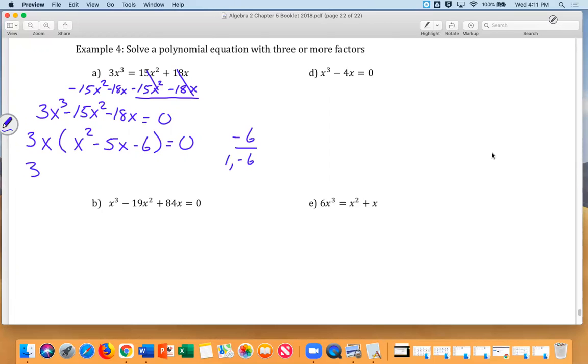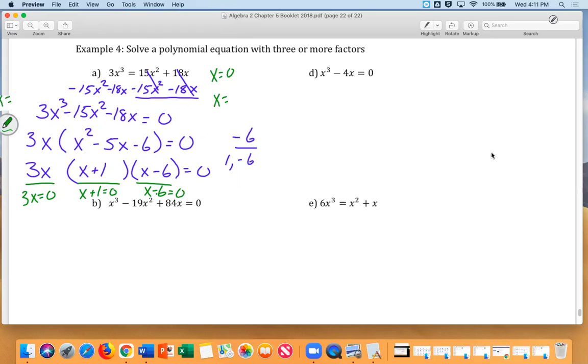So that would factor to x plus 1 and x minus 6. Now I have 3 parts here. 1, 2, 3. 3x equals 0. X plus 1 equals 0, and x minus 6 equals 0. So my 3 answers are x equals 0, x equals negative 1, and x equals 6.